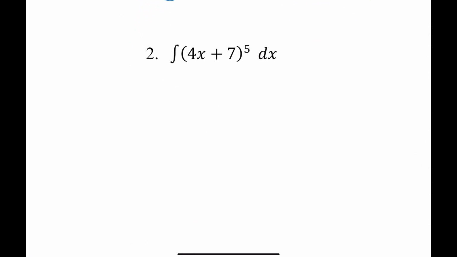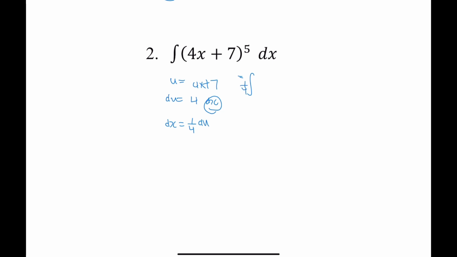Number two, we have a similar function. We still have a composite function, so we're going to set our inside function 4x plus 7 as our u value. Du is going to equal 4 dx, right? Then we can plug in for dx: dx equals 1/4 times du, right?